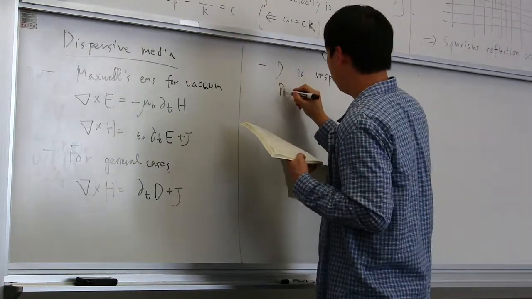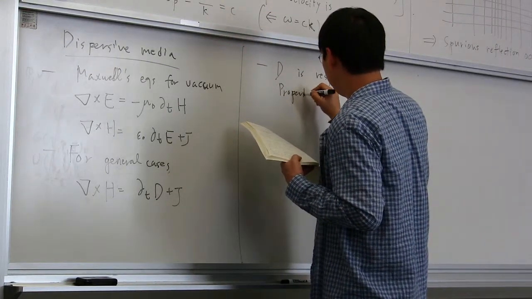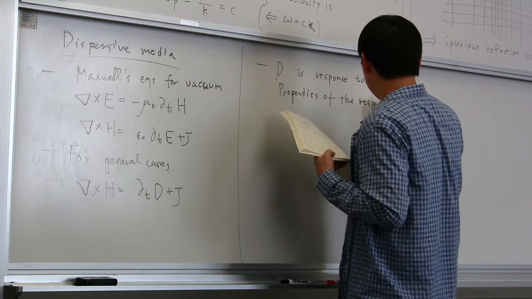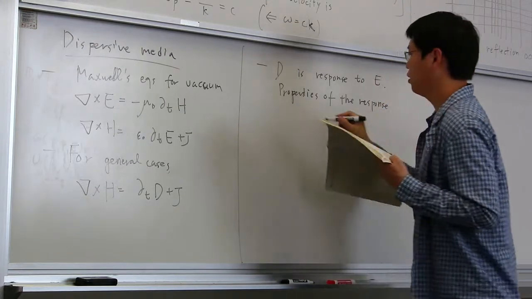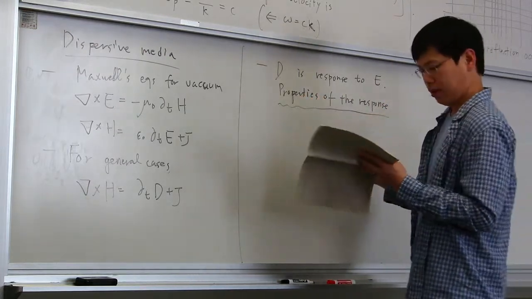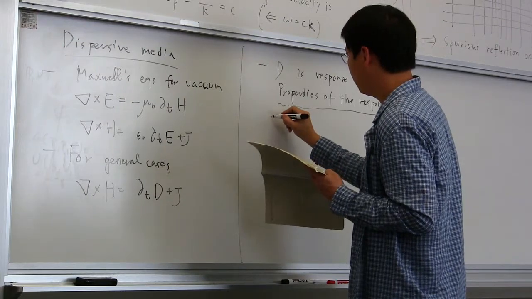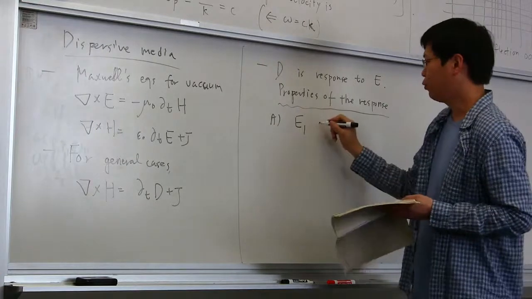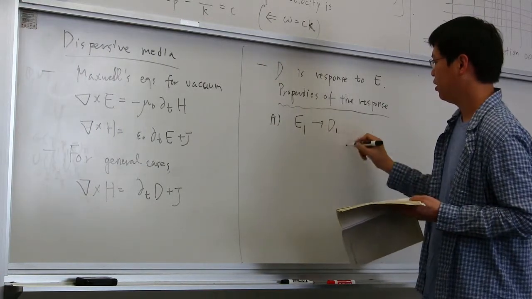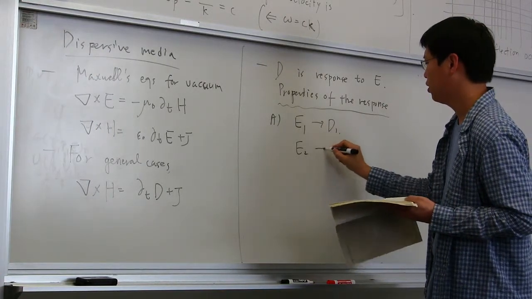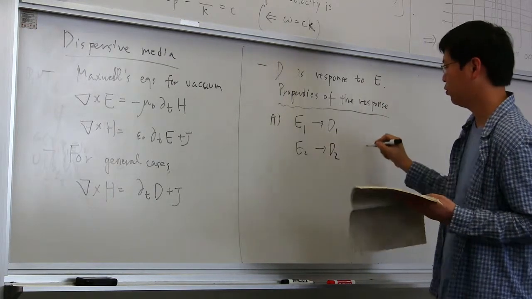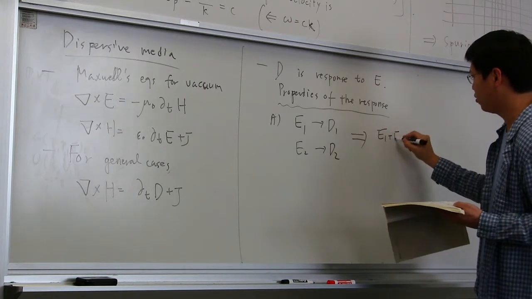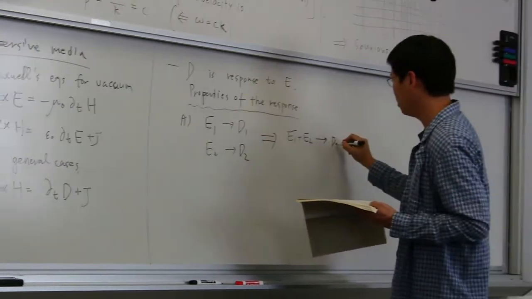And the properties of the response: the first property is that if you put E1 and get D1, and put E2 and get D2, then if you put E1 plus E2, you get D1 plus D2.